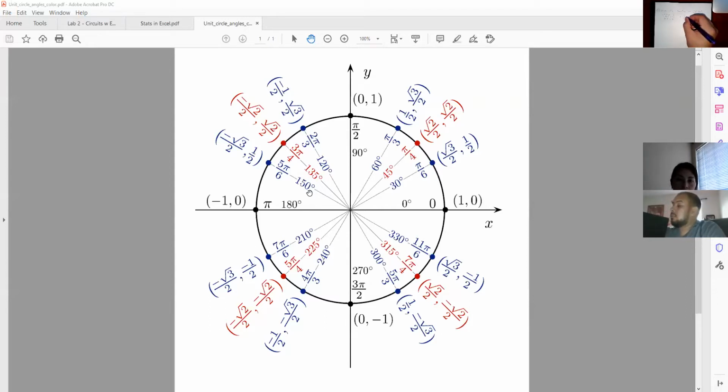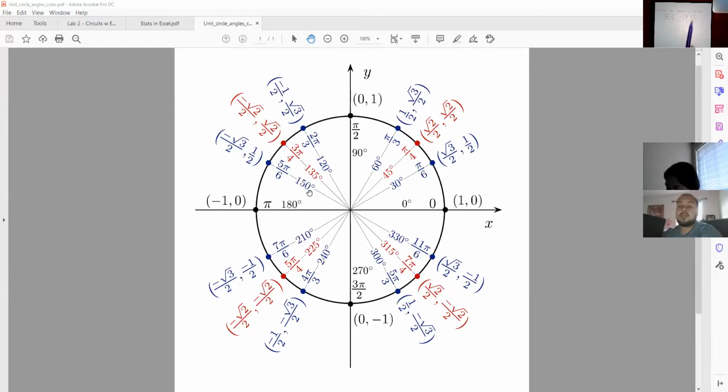They use radians in the question, sorry about that, so I'm going to change this to pi over 6 and 5 pi over 6. But I believe in the notes we said all you have to do is use your calculator here, and then you subtract from 180 to find the other one. So pi minus pi over 6 will give you this one.